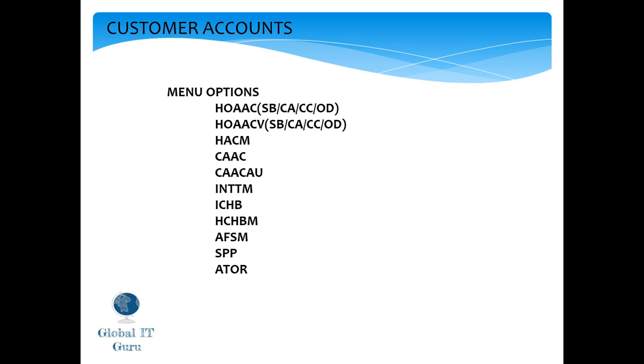So we have everything in AFSM. This is the account freeze, status maintenance we have, and stop payment we have. So these are some important key menus for the customer account. Apart from that, for transactions we have HTM. We'll give a list of important menus also.